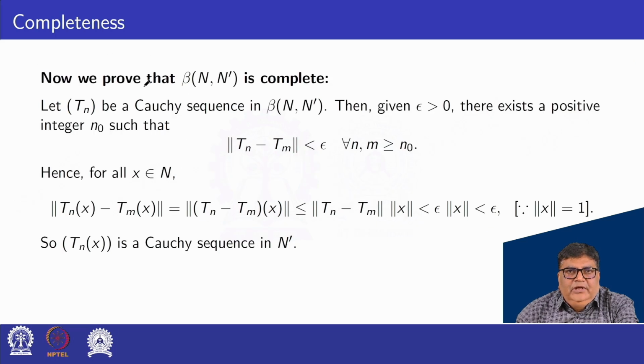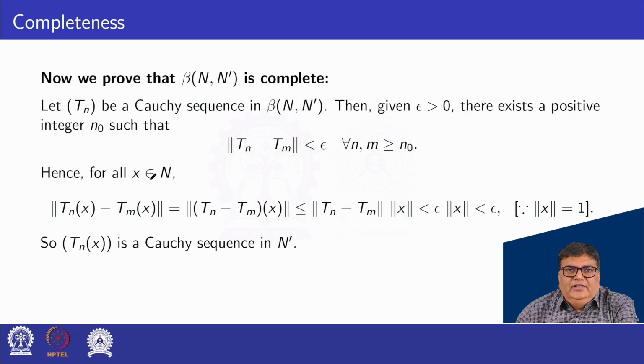Now we prove that B(N, N') is complete, because we have to prove B(N, N') is a Banach space if N' is a Banach space. Let Tn be a Cauchy sequence in B(N, N'). Then given epsilon greater than 0, there exists a positive integer n0 such that norm Tn minus Tm is less than epsilon for all n, m greater than or equal to n0, as per the definition of a Cauchy sequence in B(N, N').